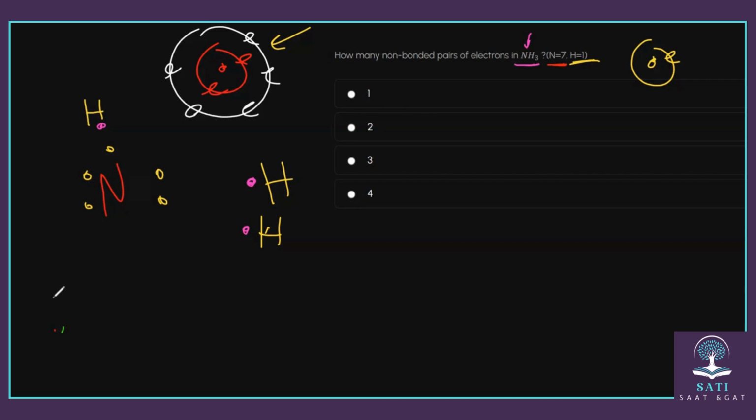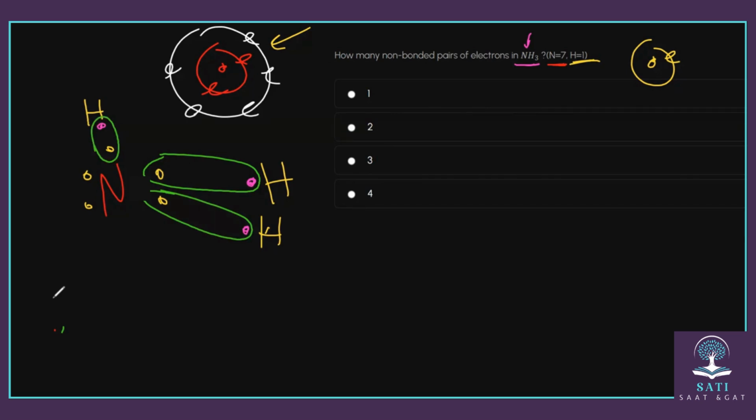When they share electrons, this electron and this electron will be shared. They make 1 bond: nitrogen gives 1 electron and hydrogen gives 1 electron to be shared. So 2 electrons are shared as 1 bond. Here is the same, they make 1 bond, and here also 1 bond. So that means 3 bonds.